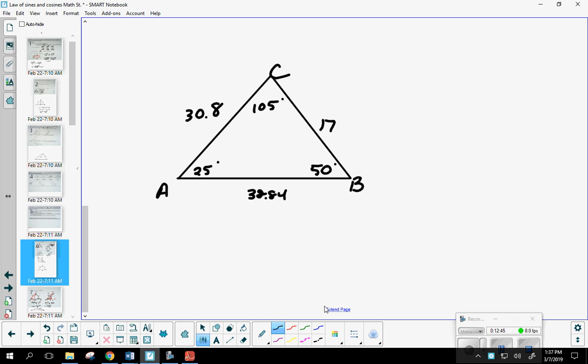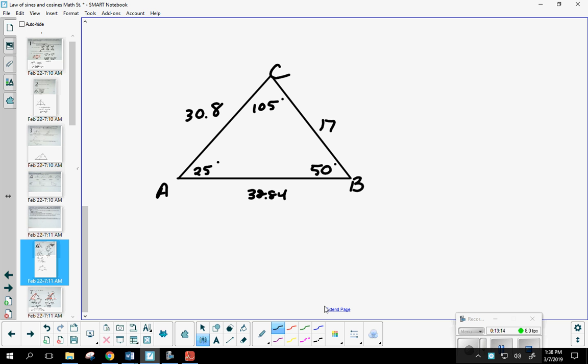I want to emphasize something that Eli talked about, because he said on one triangle he used sine inverse, but it didn't give him the correct measure. Does anybody remember what I'm referring to? What was it we were talking about? Okay. Let's say we don't know this measure right here. Obviously we know it's 105, but let's say we wanted to use the law of sines to find that.